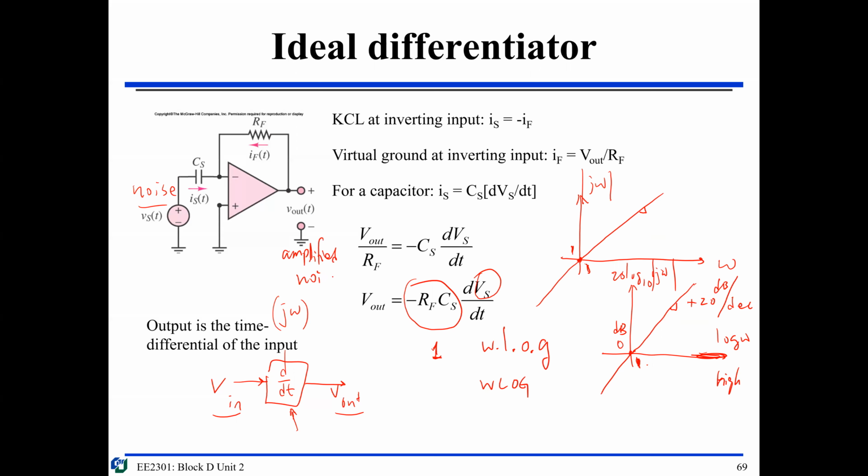So this differentiator is actually a noise amplifier. It will make your noisy signal even noisier. That's usually the price you pay for differentiation.